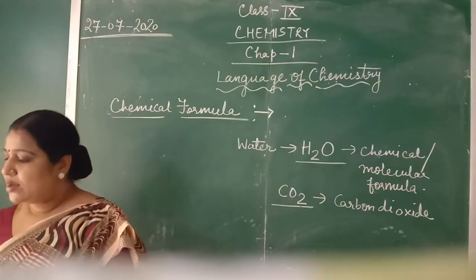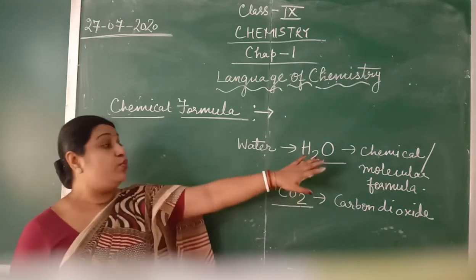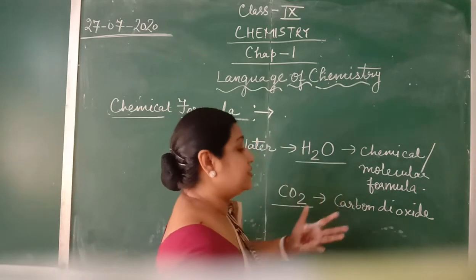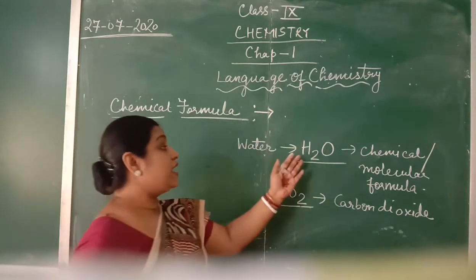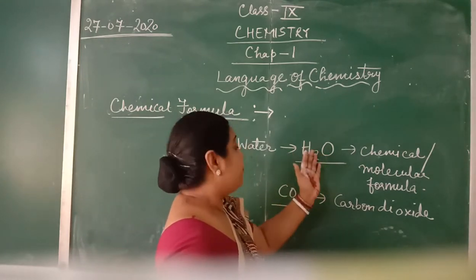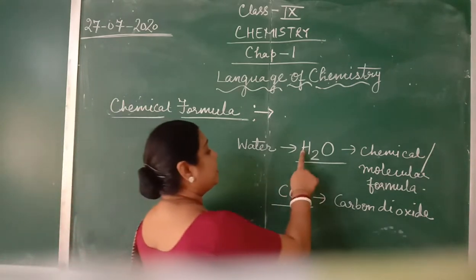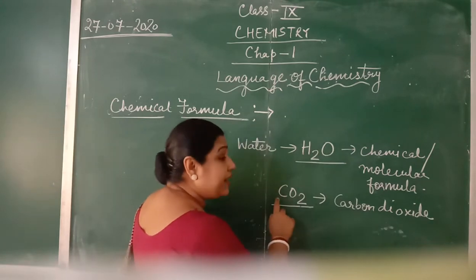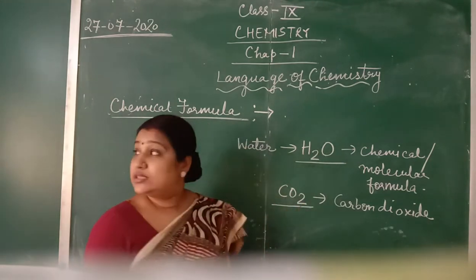Number 1, we are getting the information that this particular substance is made up of which elements. Like by seeing the formula of water, we get the information that water is made up of hydrogen and oxygen. Carbon dioxide is made up of carbon and oxygen.